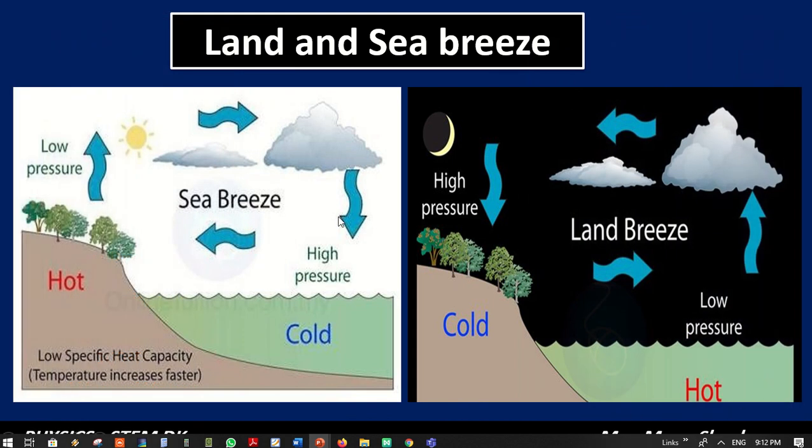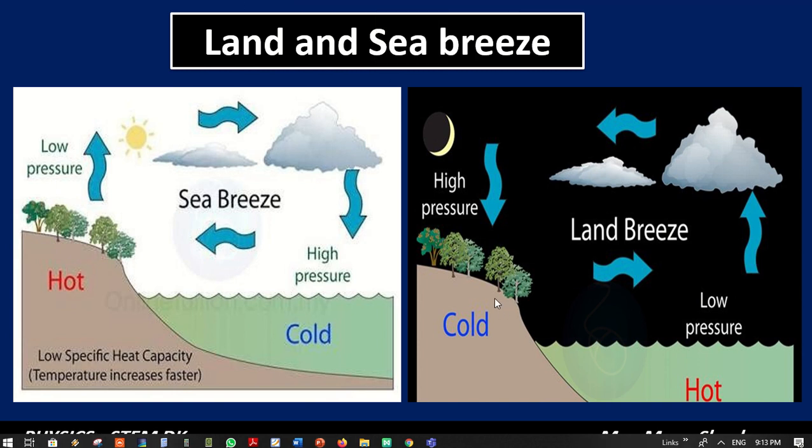This is a summary of what happened in sea and land breeze. During the day, the hot land has a low pressure, which moves the currents from the cold waters and creates a sea breeze from the high pressure of cold waters to the hot low pressure land.